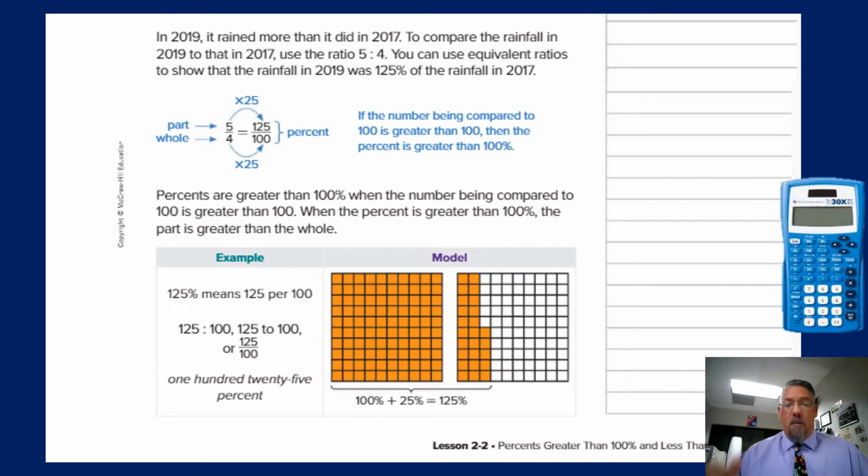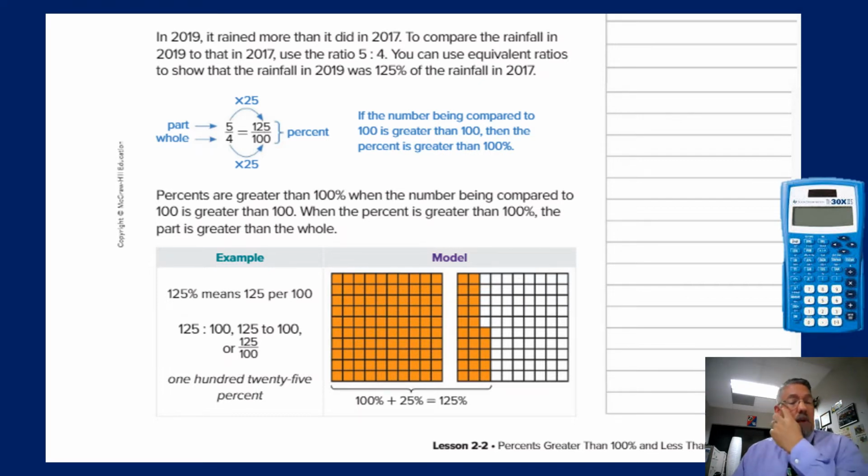So let's look at this example then. Down at the bottom of the page, this shows us how I could have more than 100%. It says in 2019, it rained more than it did in 2017. To compare the rainfall in 2019 to 2017, we know 2019's rain amount is our first number, compared to our second number, 2017's rain amount. They give us the ratio of 5:4.